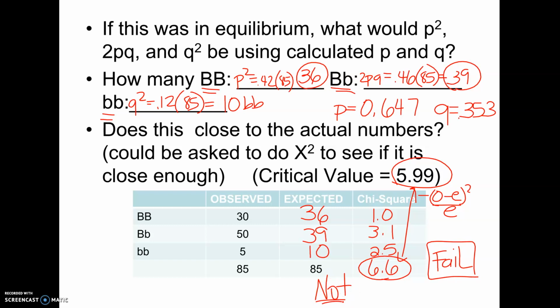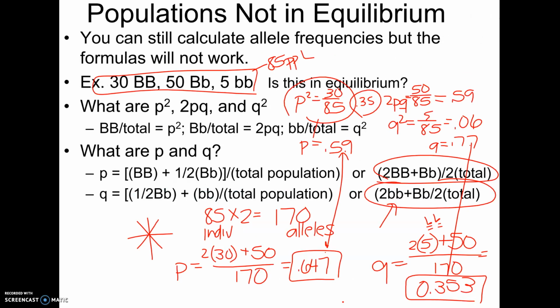Again, there were a lot of clues, because if we go back, you can actually see here, remember, this will never go wrong. If you calculate P and Q by hand, this is accurate, for sure. The shortcut is not accurate if it's not in Hardy-Weinberg equilibrium. The shortcut should give you the same answer if it's in equilibrium.